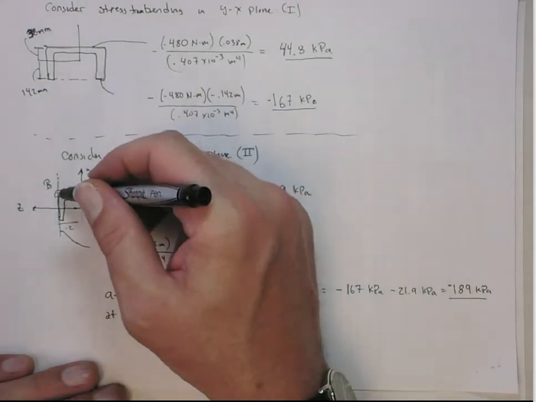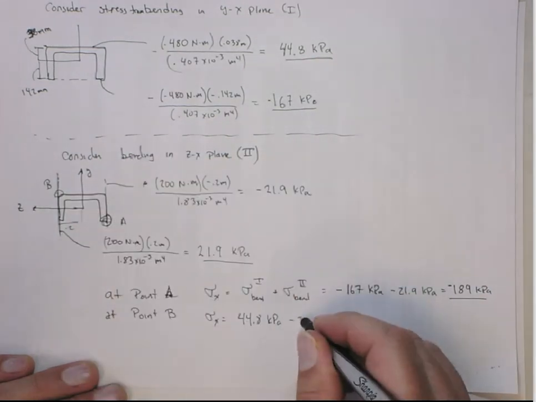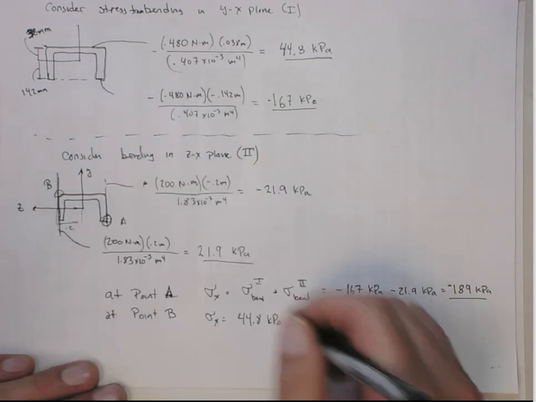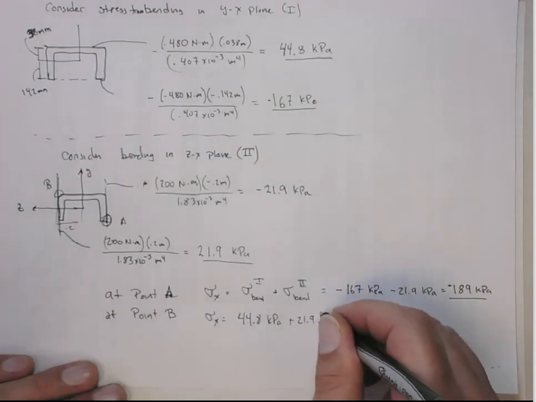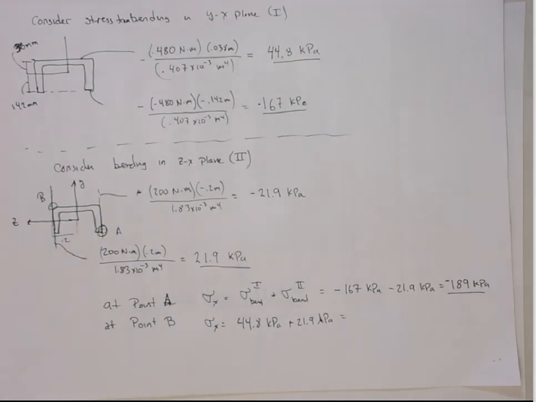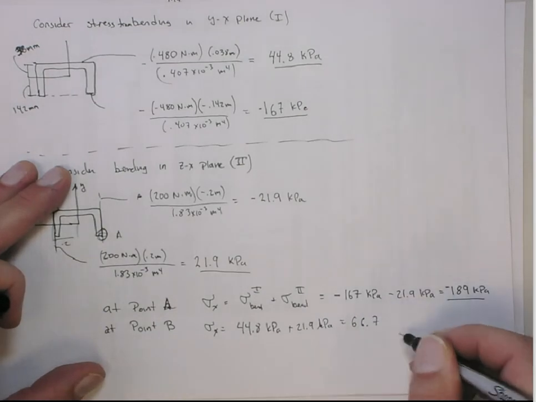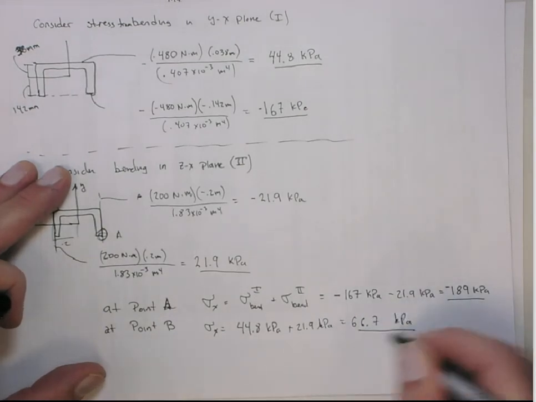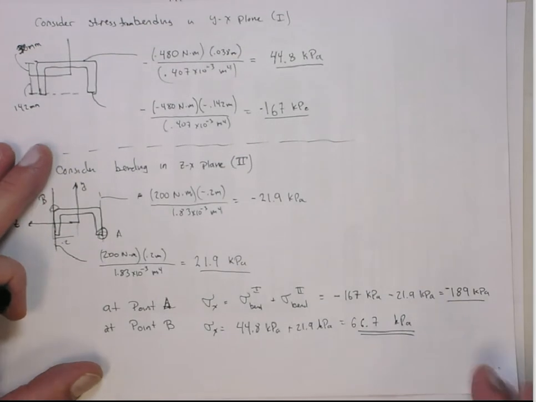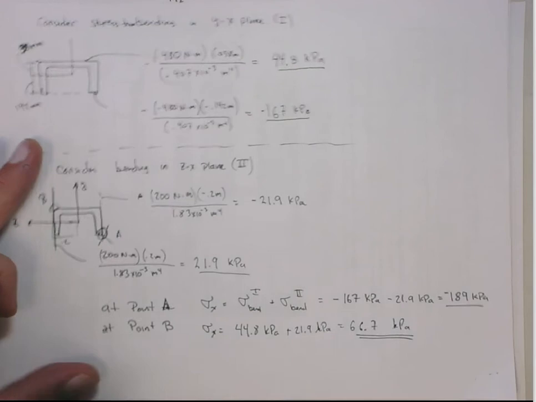And then at point B, from the second mode, the bending around the y-axis, on this edge, it's a positive 21.9 kilopascals, and that gives me a positive 66.7 kilopascals. So in this situation, the maximum stress is here at point A, and it's a compressional stress of 189 kilopascals.